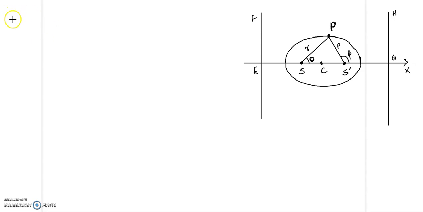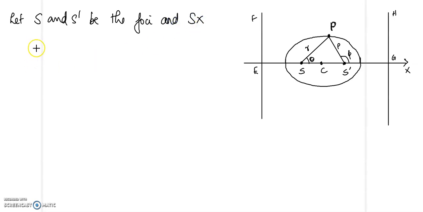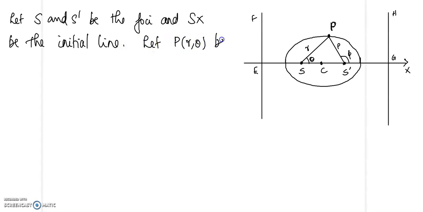So let S and S dash be the foci and Sx be the initial line, and let P of r theta be a point on the conic. Okay, let me take it as r theta.